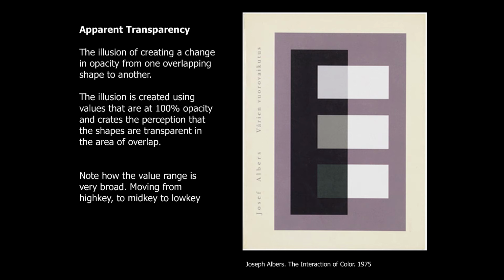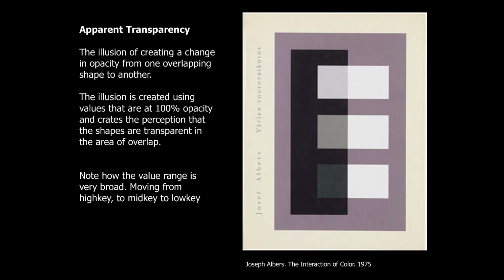You can see that it looks like they're transparent, but what in fact is happening is in the areas of overlap, the three squares are in fact opaque values, but their relationship as the difference between the white and the black makes them look like they're overlapping. One thing that's interesting to note, if you look at the top one, it looks like the top one overlays the black rectangle because we can see it just barely coming through.